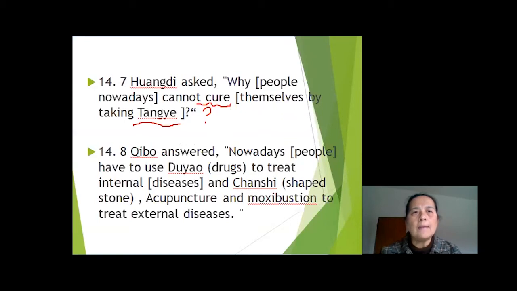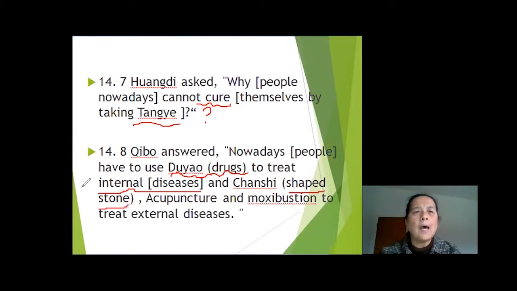Then Qibo answers, so right now, when people getting sick, they must use 毒药, which here means the herbs, to treat internal illness. And also use 蚕食, which here means sharp needle, sharp stone.